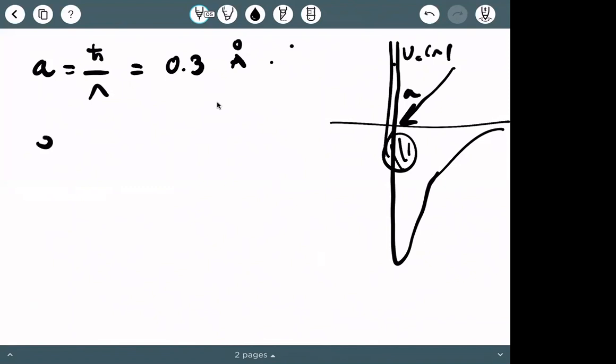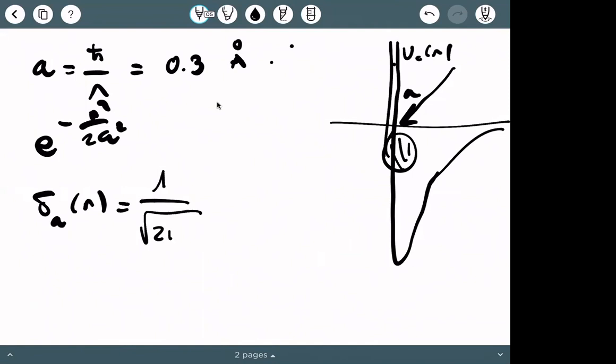Then, of course, my regularization will be r squared over 2a squared. So everything that was a delta becomes a Gaussian. So for instance, delta lambda becomes delta A, which is going to be some kind of Gaussian. Now I'm not worried about exact normalization. You can pick it up in the books for a three-dimensional Gaussian.